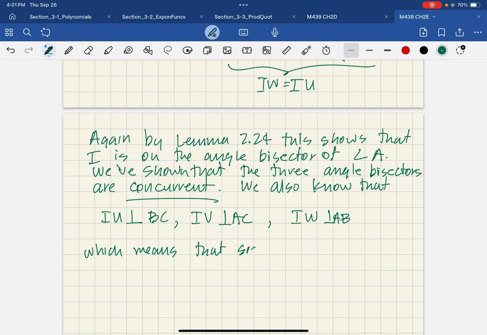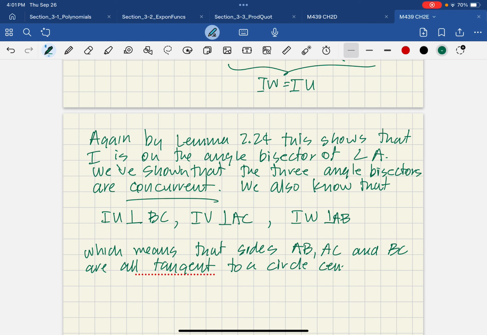Okay, so that means that sides AB, AC, and BC are all tangent to a circle centered at I and with radius, we're going to call it little r, equal to, I don't know, any one of them.